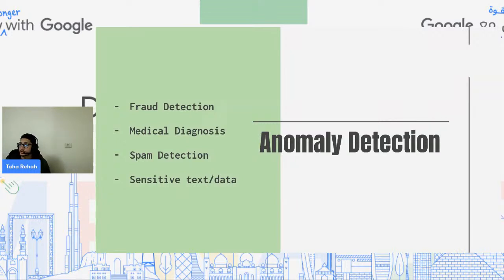Our models and machine learning workflow are going to be biased, as we say in Arabic, toward the normal classes, and they are not going to be able to detect the anomalies. They will detect normal things but not abnormal things.